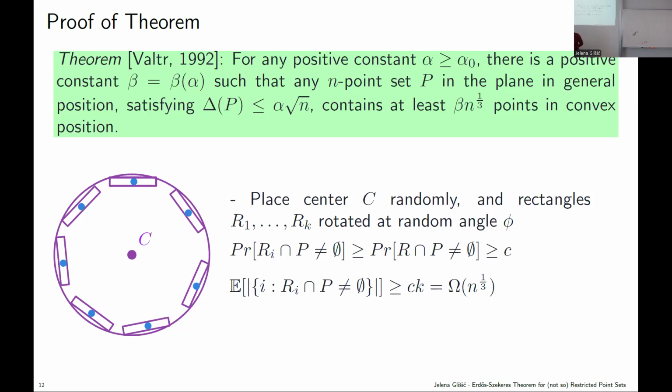Which is the number of the rectangles that I have fixed. Good. So this is how Pavel's proof works.